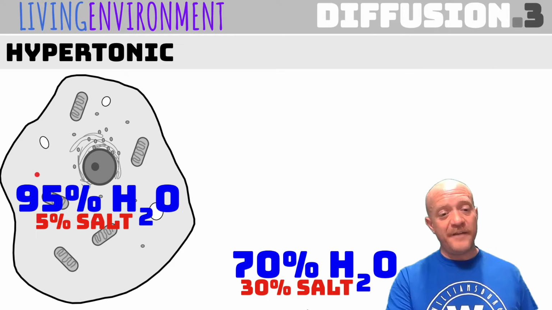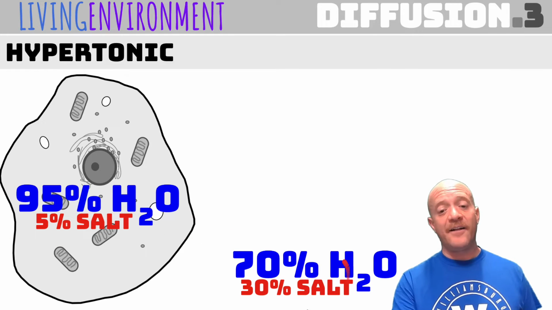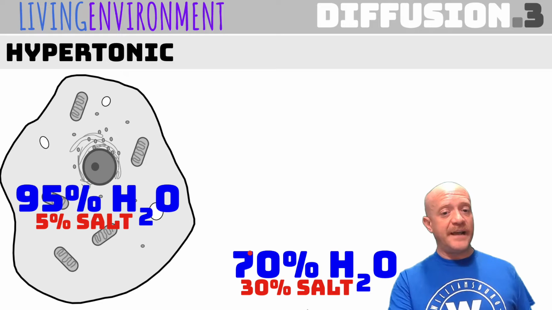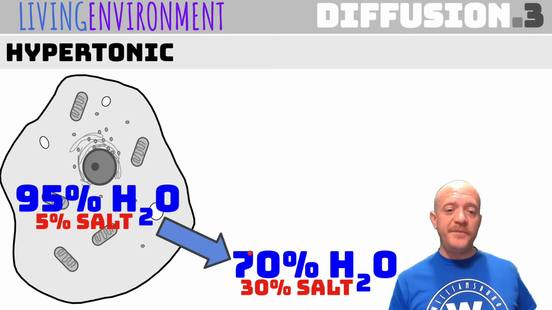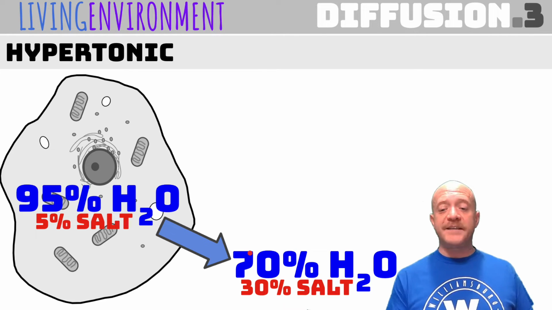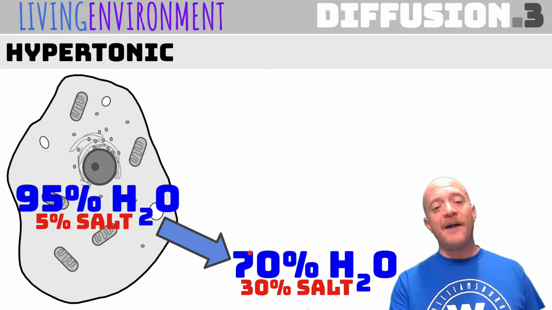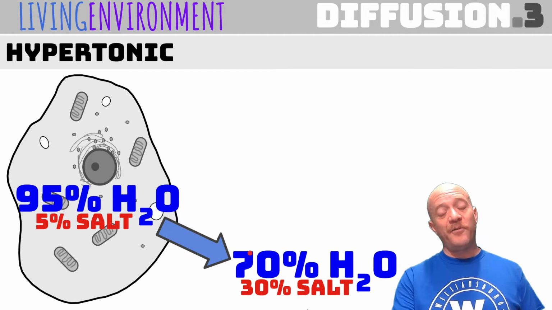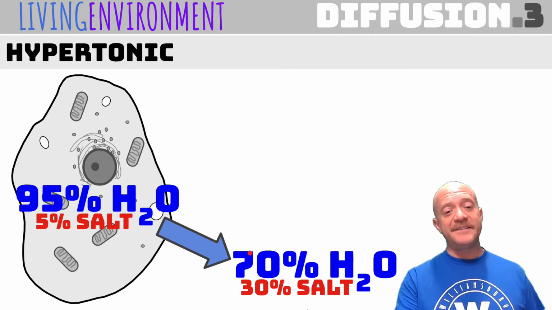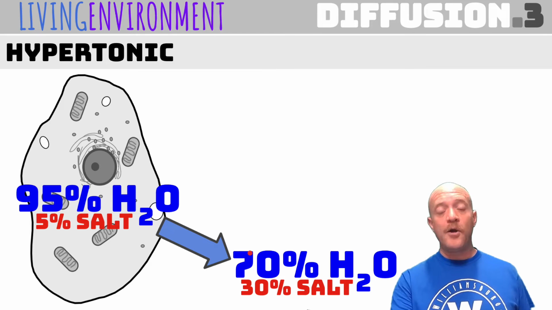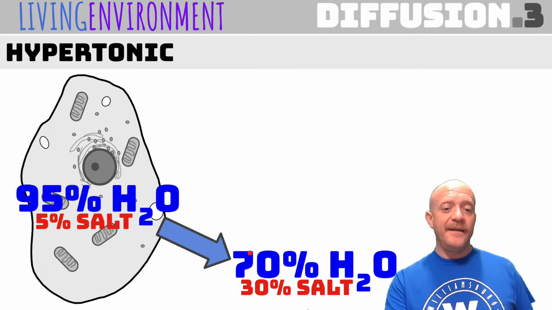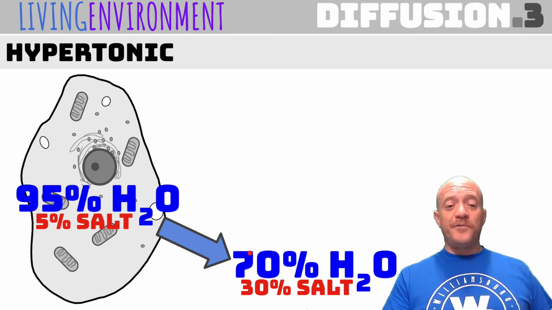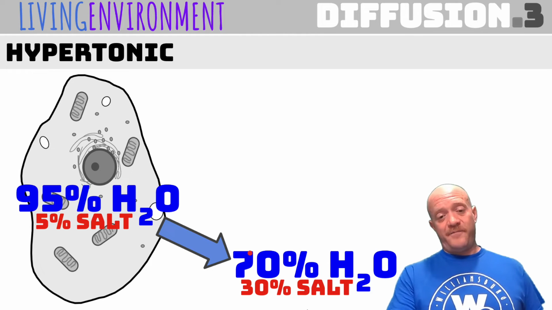Now, if you notice here, we have 95% water inside the cell and 70% water outside of the cell. So there's going to be a flow of water outside of the cell. And what's going to happen is the water is going to leave the cell, and this cell will start to shrivel or shrink. And this could also result in the death of the cell.